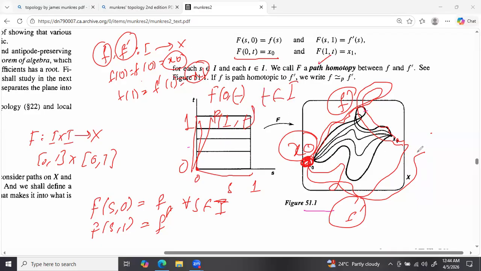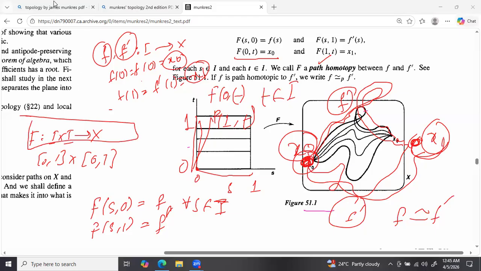And if we substitute 1 in the place of s and t for all t belongs to I, we get x1, which means that f is path homotopic to f prime if two conditions hold. First, the initial point and terminal point are the same for f and f prime, and all the paths between f to f prime, and there exists a continuous map. What type of continuous map?